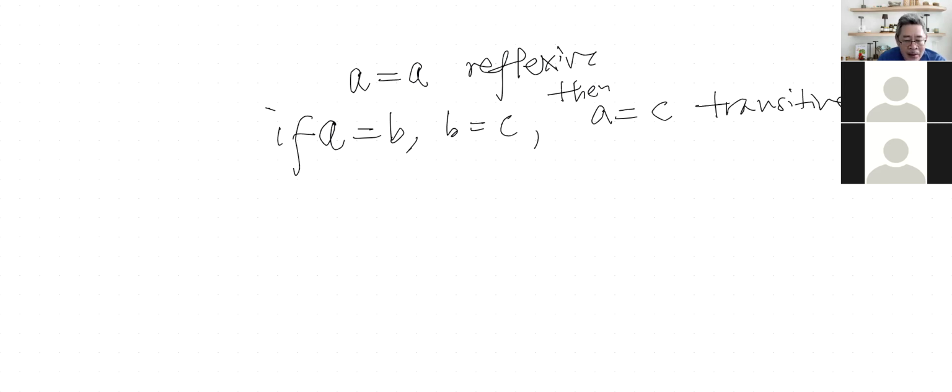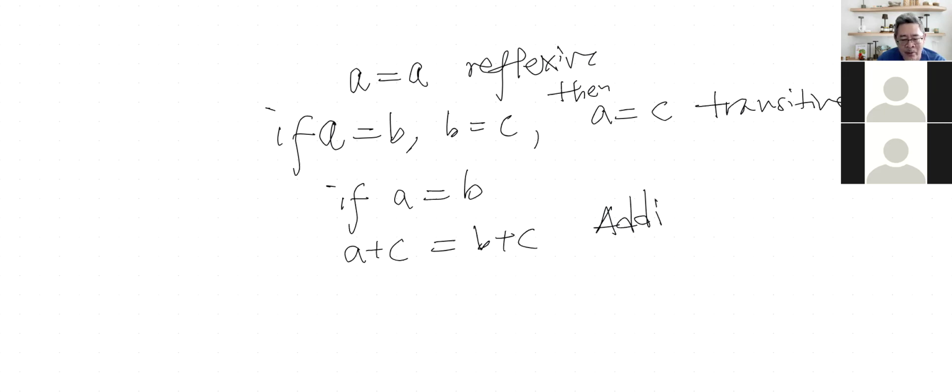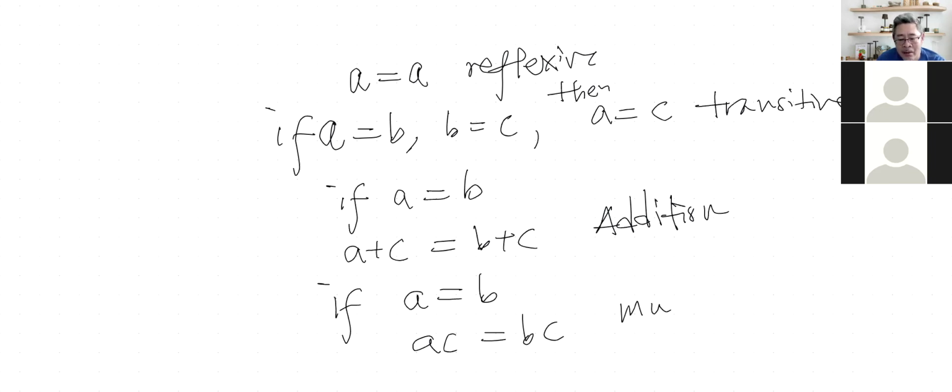Then we have if A equals B, then A plus C equals B plus C. This is called the additive property, or sometimes the addition property of equality. We can add the same thing to both sides. And if A equals B, then A times C equals B times C. So this is the multiplication property.